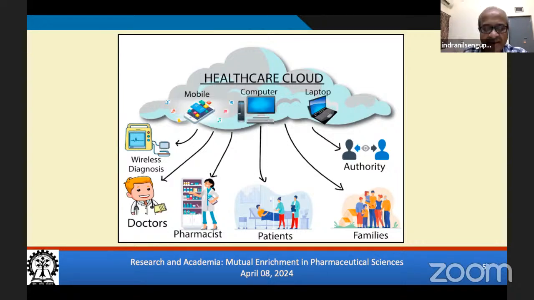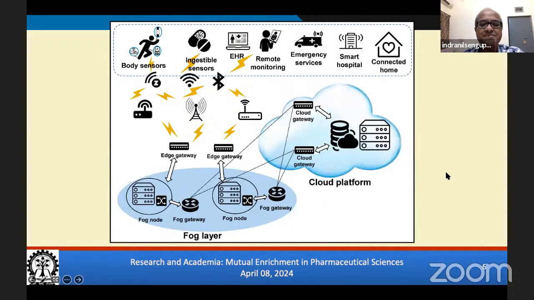Okay? Let's take another diagram. This is a little more detailed. Here, on top, within this dotted box, we see the various ways through which data are being generated. Nowadays, we have a variety of body sensors.